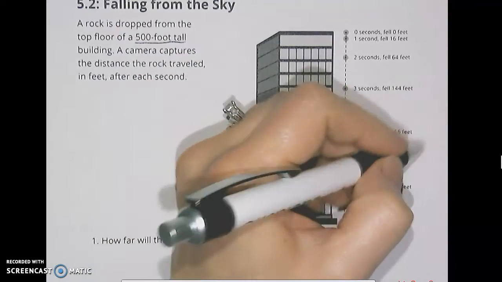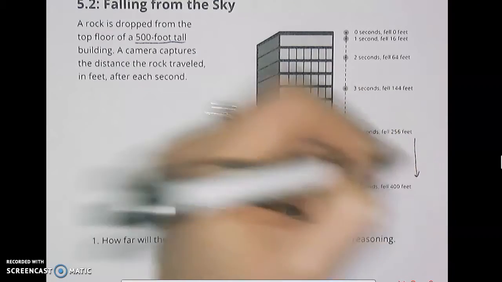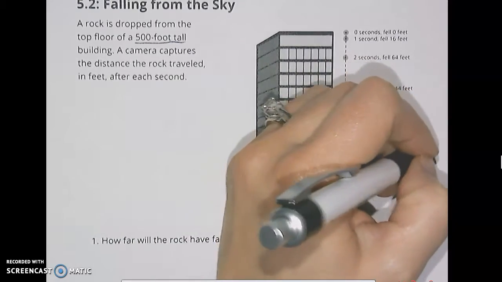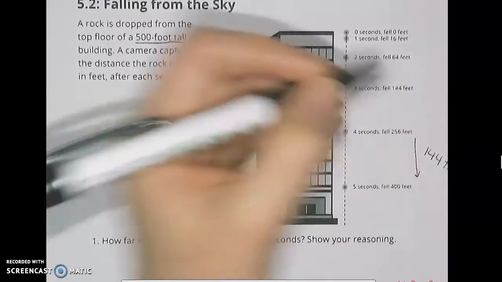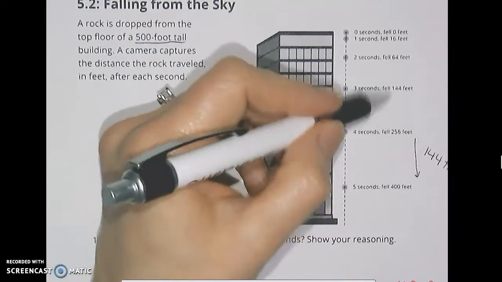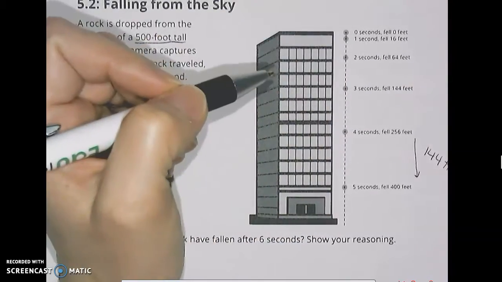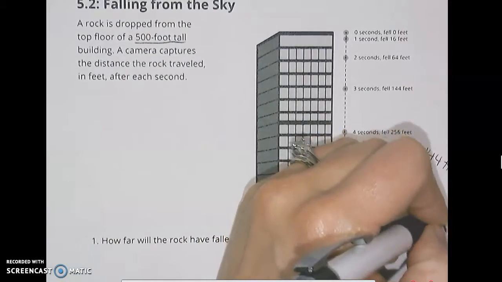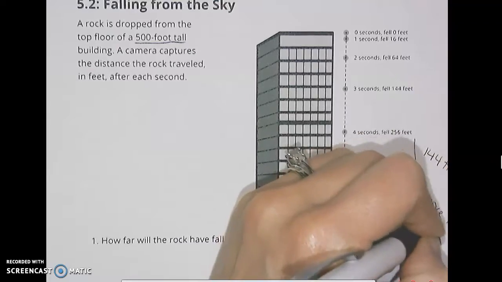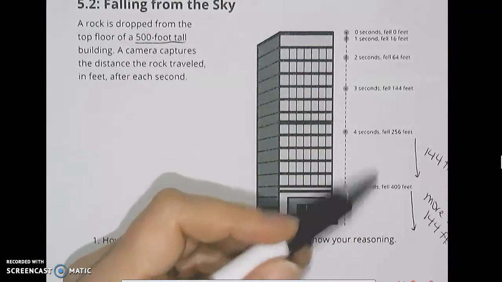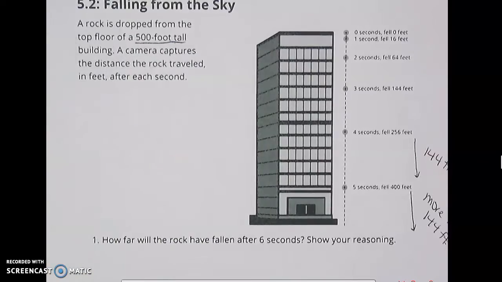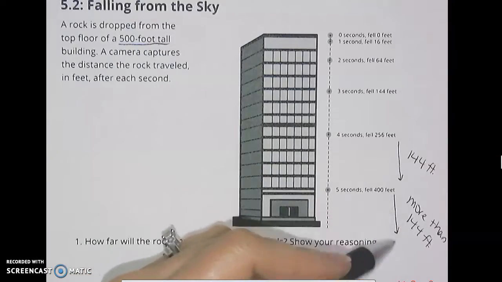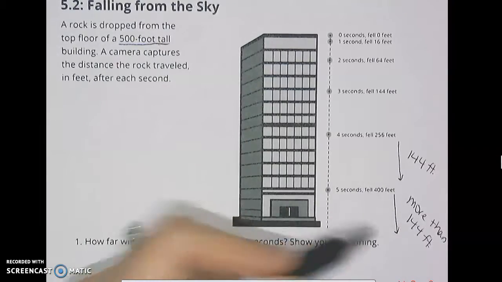From 256 feet to 400 feet, it fell 144 feet, which is more than it fell here or here or here. That means that here it has to fall more than 144 feet. Well, if this building is 500 feet tall, we don't even have that much distance.